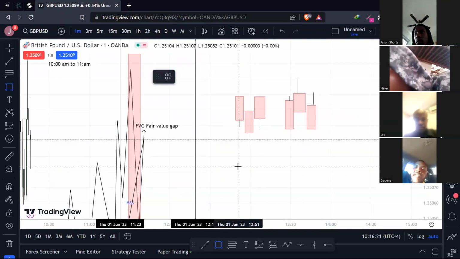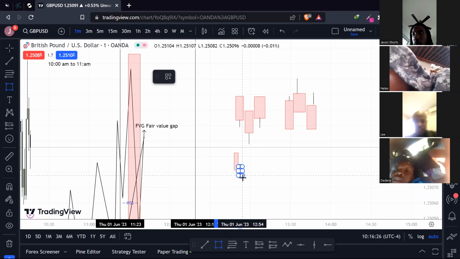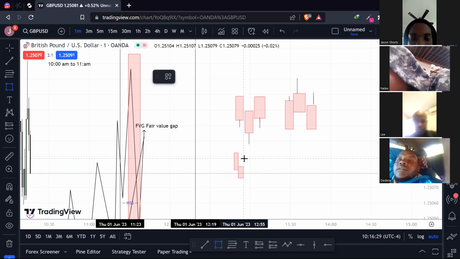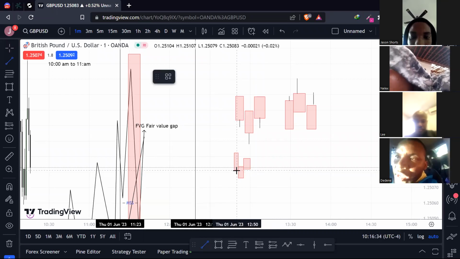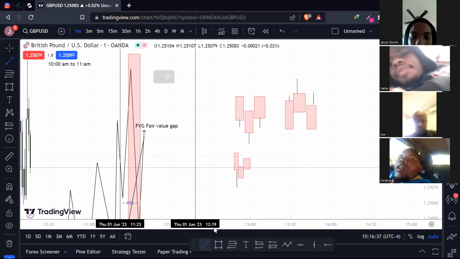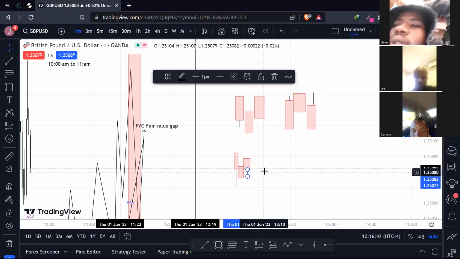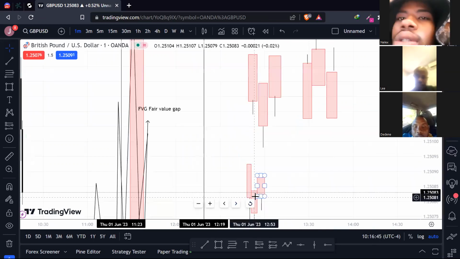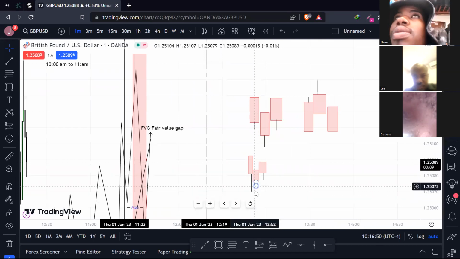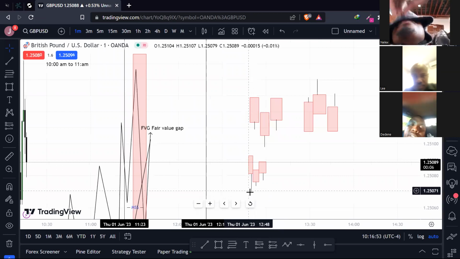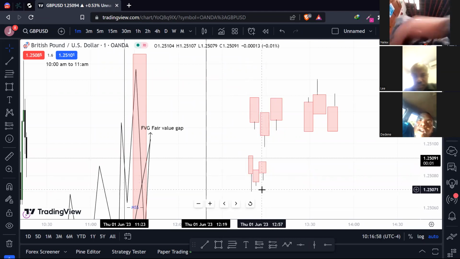If the candle is like this, and creates a wick here, and like this, and like this, it is not a swing low, because you can see the middle wick is now lower than the previous wick on the left side. So this is invalid. This is not a swing low.